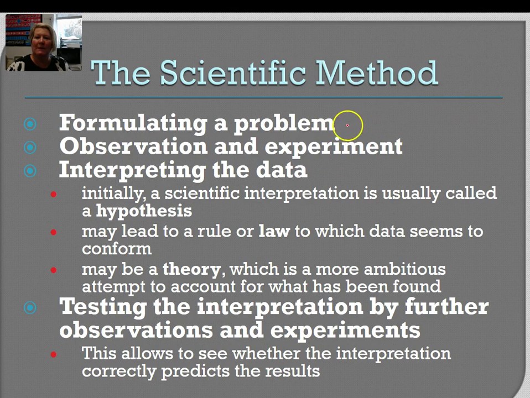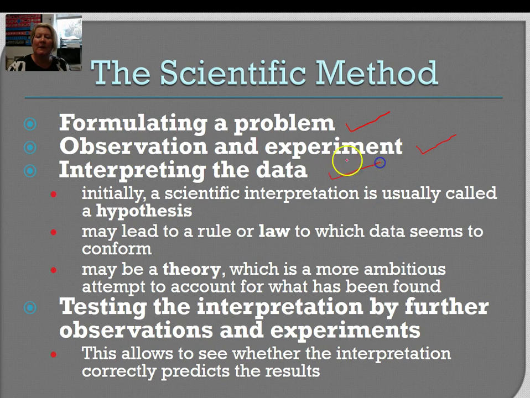When we deal with the scientific method, we must come up with a problem that needs to be solved. For instance, is Pluto a planet? From there, you make observations and perform many experiments. With the data, you need to interpret that data.